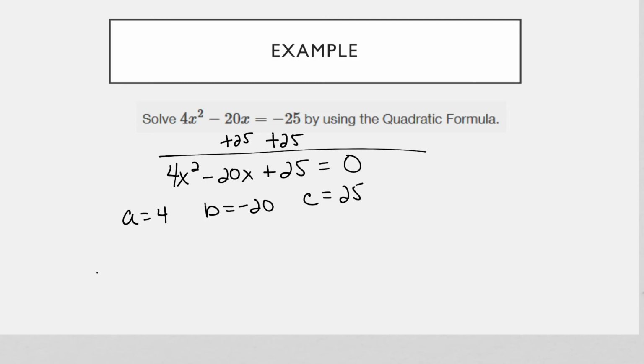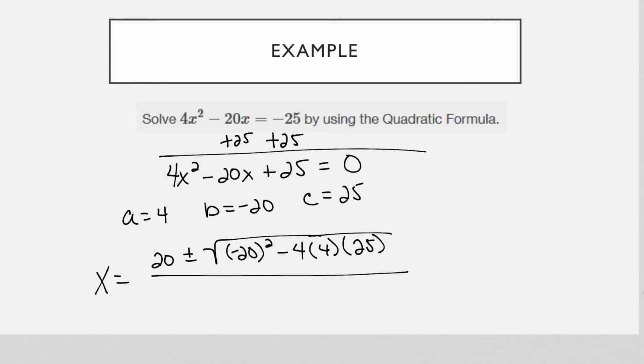So we've got that x is equal to the opposite of b, which is now positive 20, plus or minus the square root of b, oops, I forgot my 0, squared, minus 4 times a times c, all over 2 times a. All right, let's do some math here.